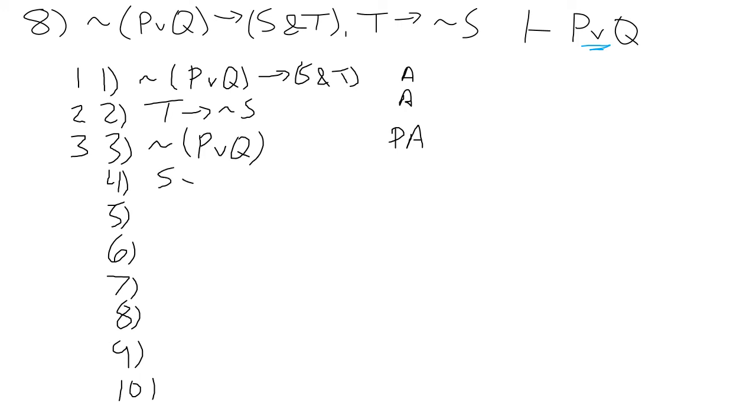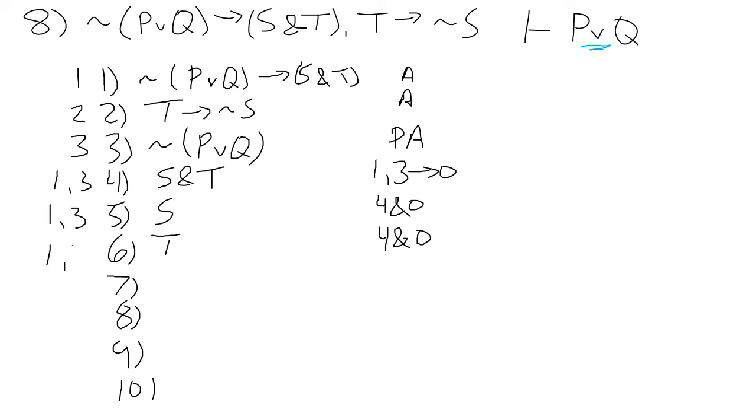So we can toss our PA into line 1 to get S and T from 1 and 3, arrow out. Then we can break apart S and T from 4, ampersand out. Now that we've got these two, we can get tilde S from 2 and 6, arrow out.